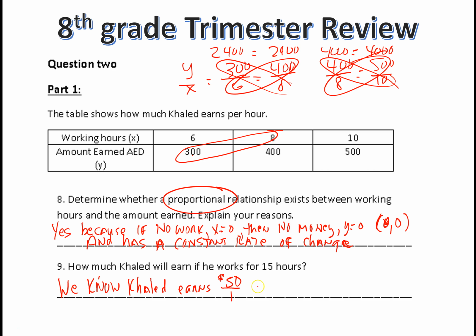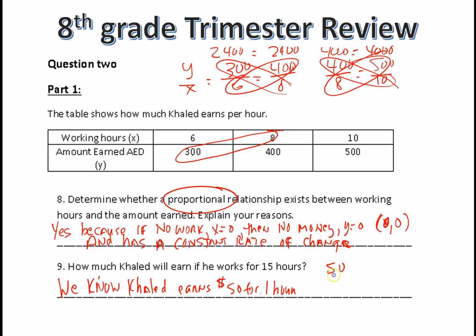So that means if he works 15 hours, he earns $50 for 1 hour.